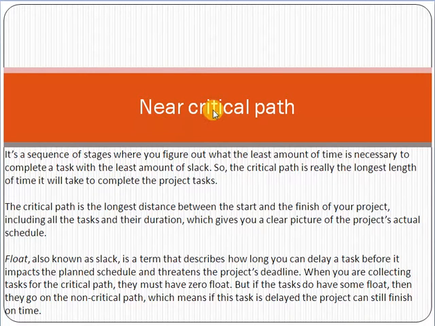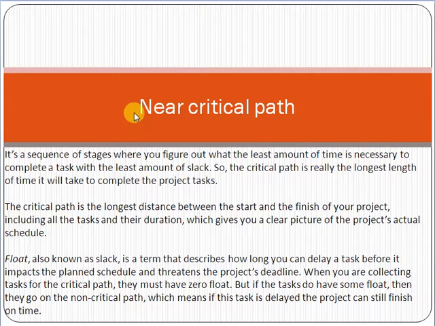If you can understand the critical path, you will automatically understand the near critical path as well. Are you getting my point? Near critical path means that it is near or closer to the critical path.